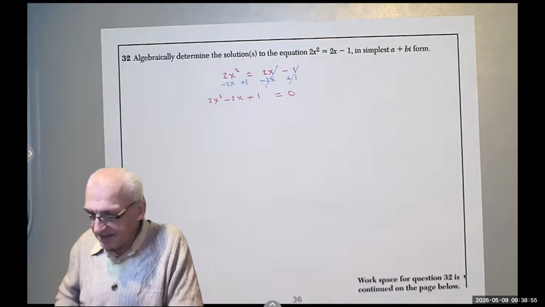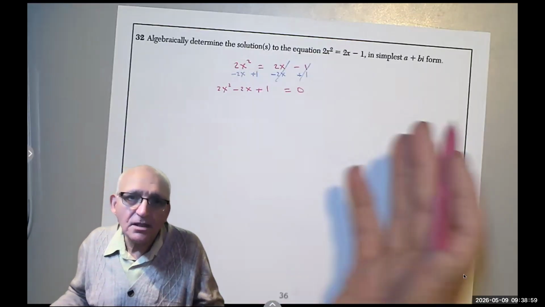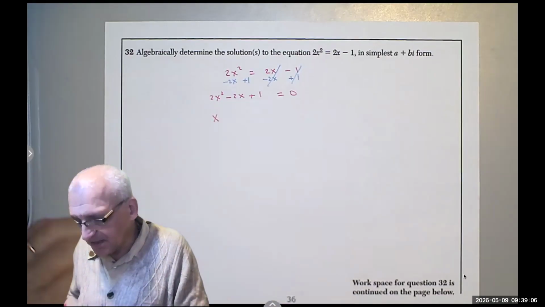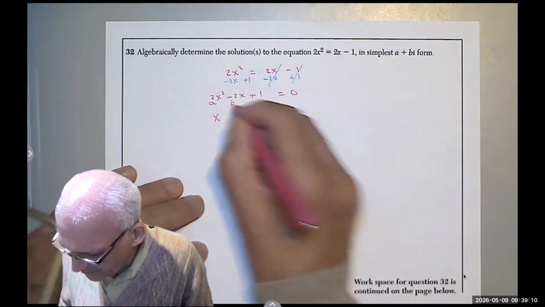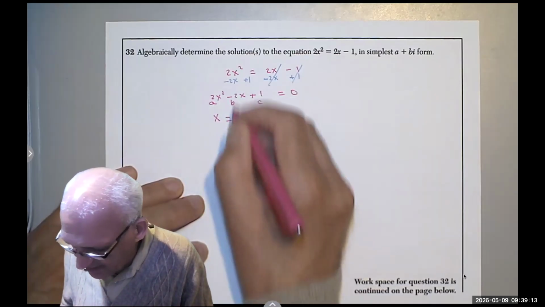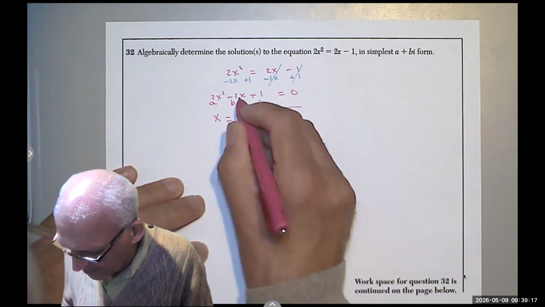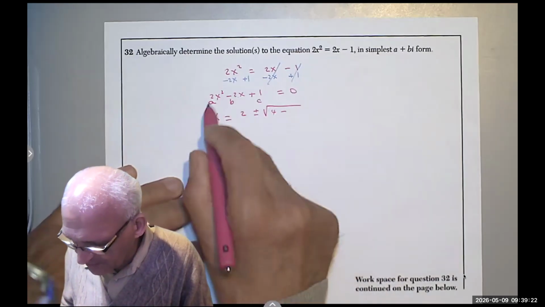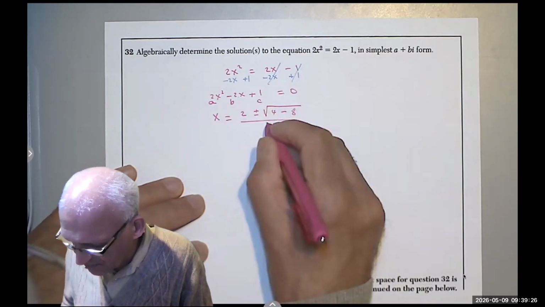Okay. They tell you a plus bi form, so don't try to factor, right? I know that it's not working. So I use the quadratic formula, where a is 2, b is -2, and c is 1. So I say negative b, which is +2, plus or minus the square root of b squared, which is 4, minus 4ac, 4 times 2 times 1 is 8, over twice a, which is 4.